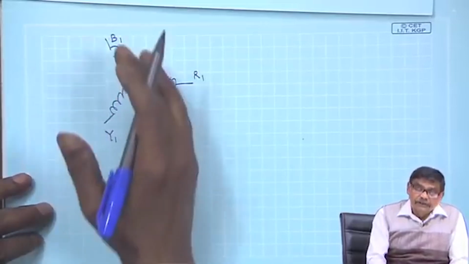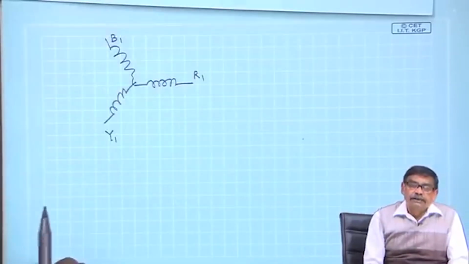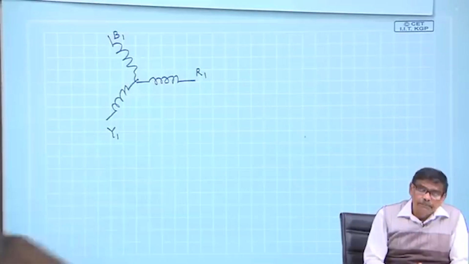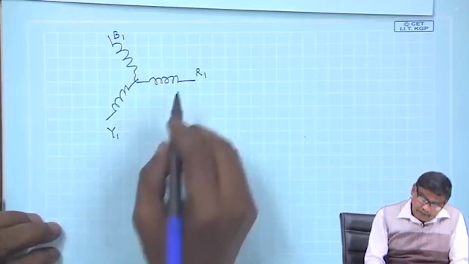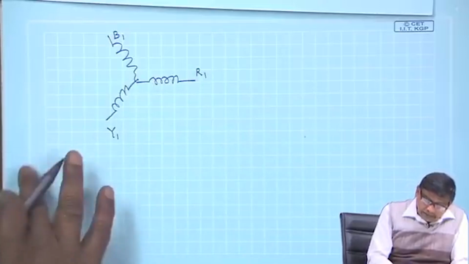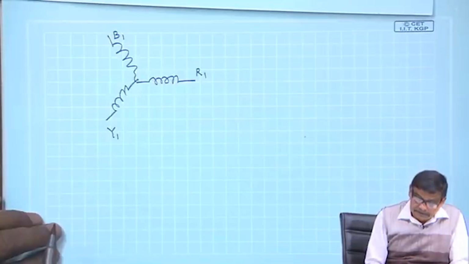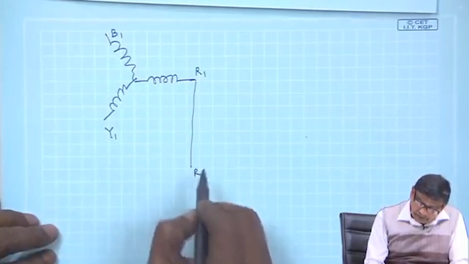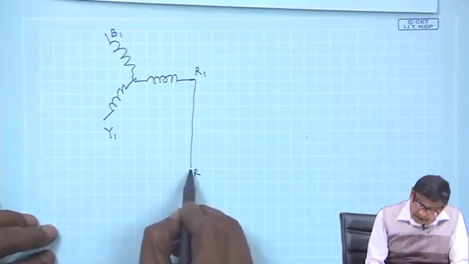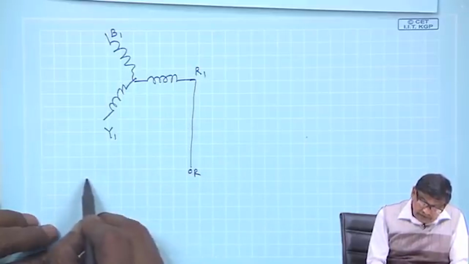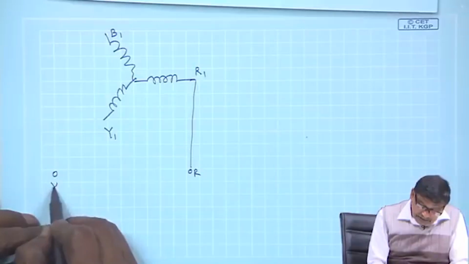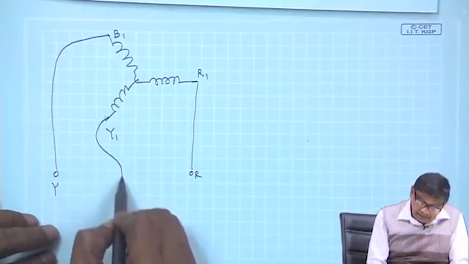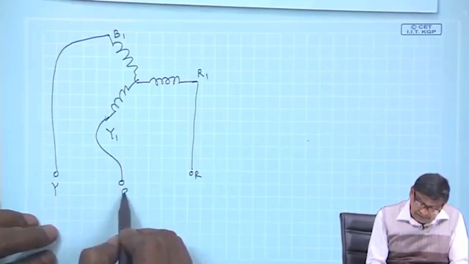Now, if these 3 coils are energized once again by balanced 3 phase currents, but with the supply phase sequence reversed. That is, you connect R to R phase, the supply R to R phase, supply Y to B phase and supply B to this Y axis.